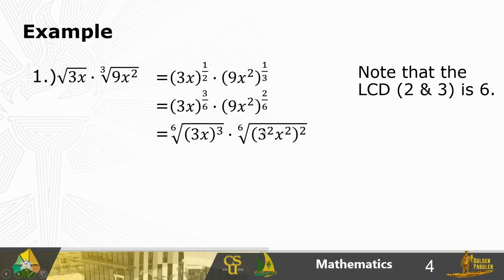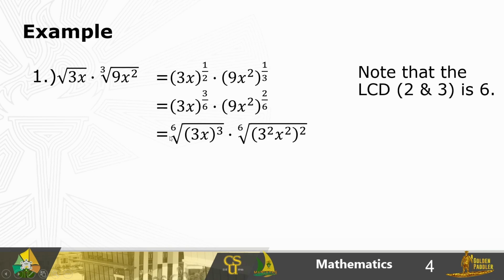So that's the rule based on the laws of exponent for radicals. And also for this part, we have the 9x squared quantity squared, because the numerator here is 2 and our index is 6. Okay, so hopefully you understand this part, which is how we get the same index.